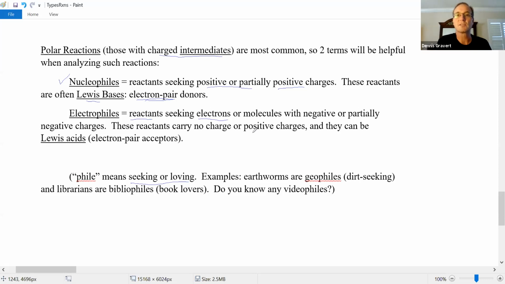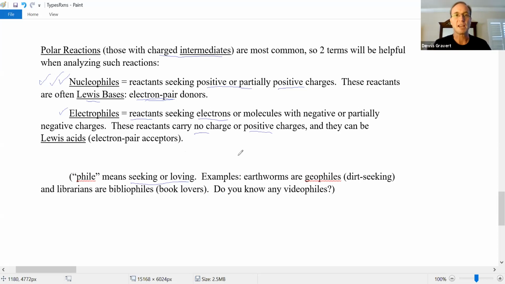They themselves usually carry a positive charge, but they can have no charge. And they typically are Lewis acids, electron pair acceptors. They're seeking electrons so they can accept them. Of these two terms, we use nucleophiles much more often.